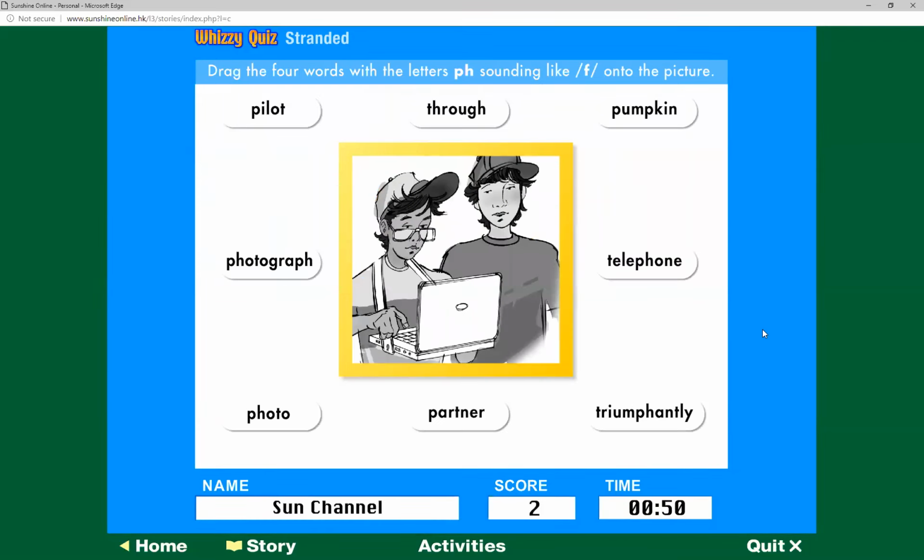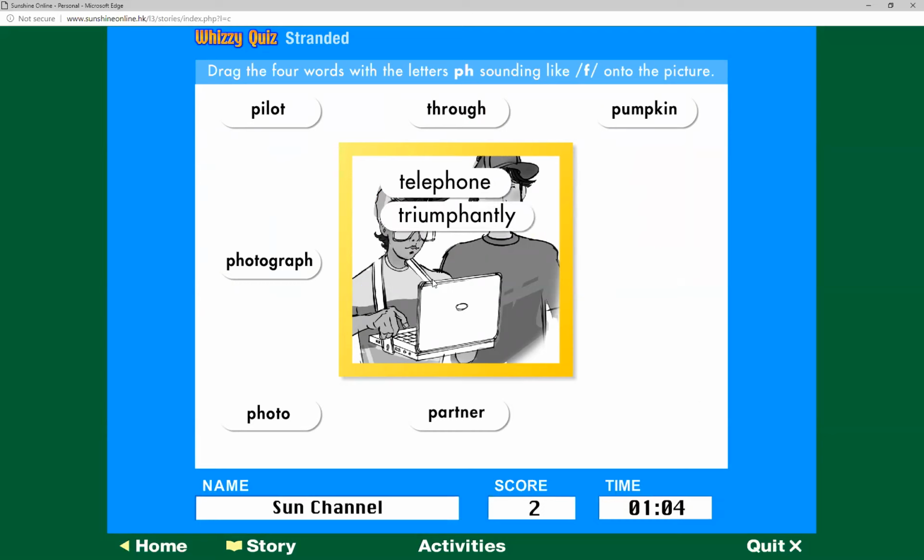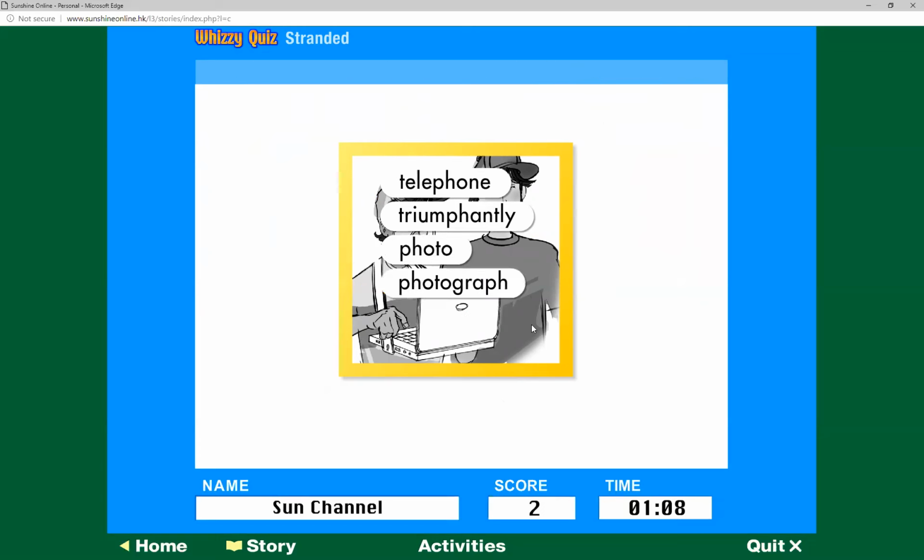Drag the 4 words with the letters PH sounding like F onto the picture. Yes. Photograph, photo, triumphantly and telephone all have the letters PH sounding like F. Brilliant.